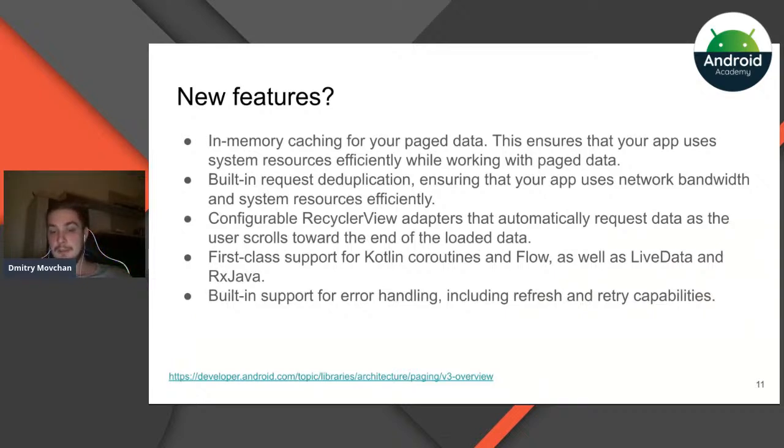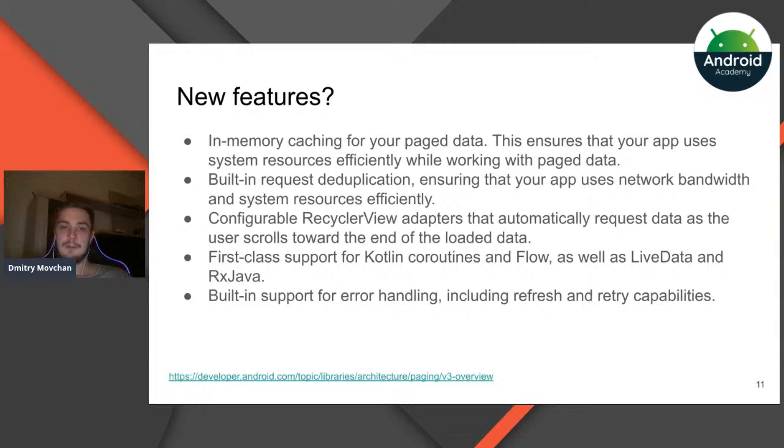If you proceed to the page at the bottom of this slide, you'll see the new features of paging version 3. The main thing that is already implemented is that this library is fully written in Kotlin with support of coroutines. I will show it in an example later, but right now it looks pretty good.